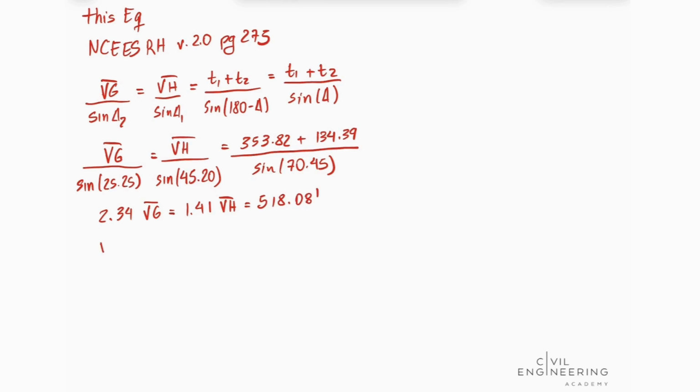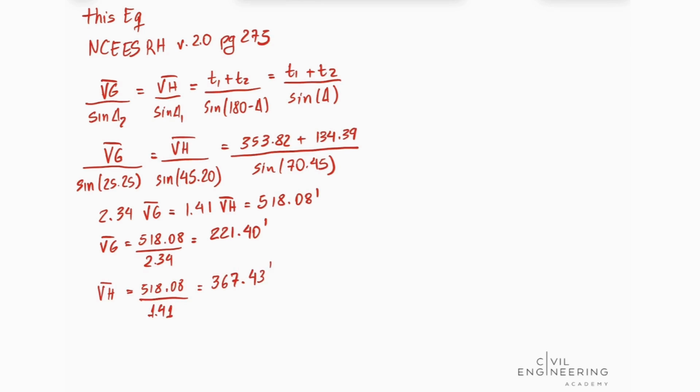If we solve for VG, this is going to be 518.08 divided by 2.34, and we find 221.40 feet. If we solve for VH, this will be 518.08 divided by 1.41, and this will give us 367.43 feet.